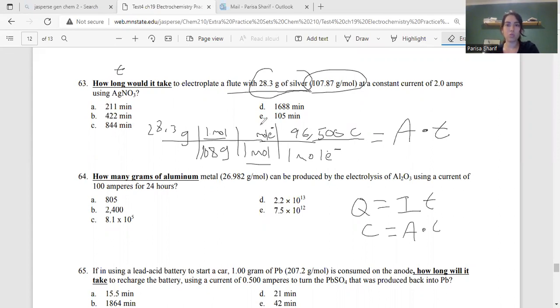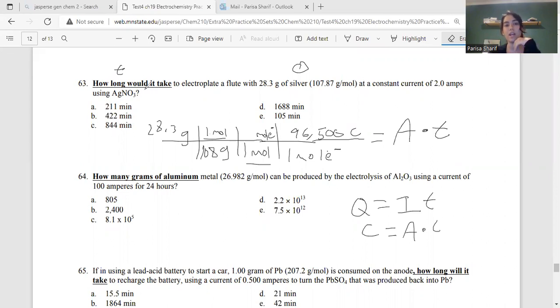So then let's go to the moles of electron. Let's see how much are transferred. Well, silver by itself has an oxidation state of 0 because it's an element by itself, and those always have oxidation states of 0. But silver nitrate, it's basically going to have an oxidation state that depends on what it's paired with. Nitrate is a polyatomic ion, and since it's a polyatomic ion, it's always going to have its own charge as its oxidation state.